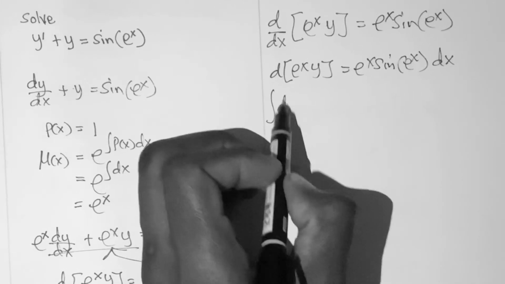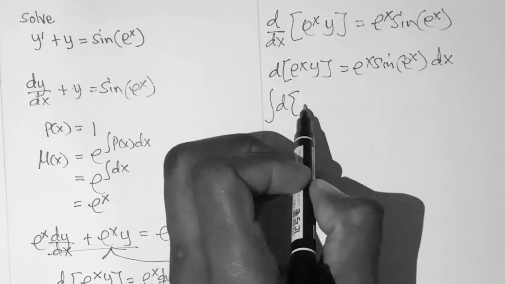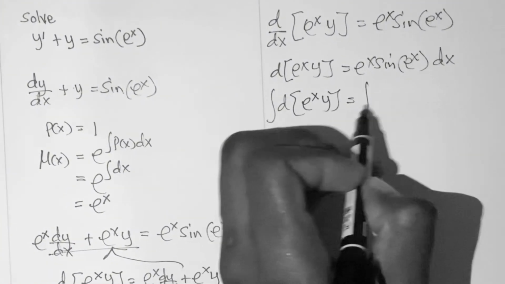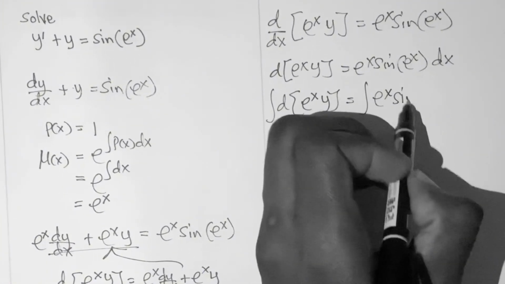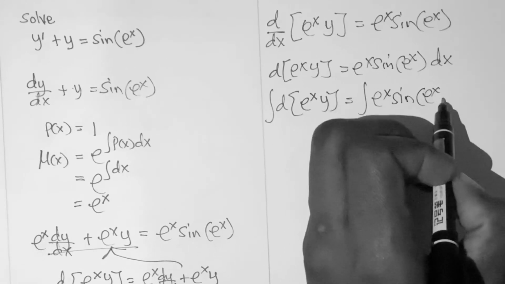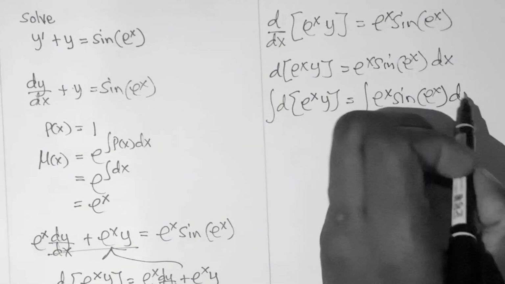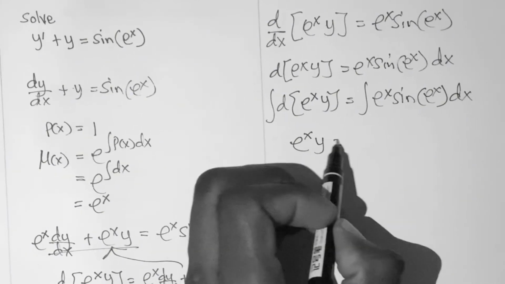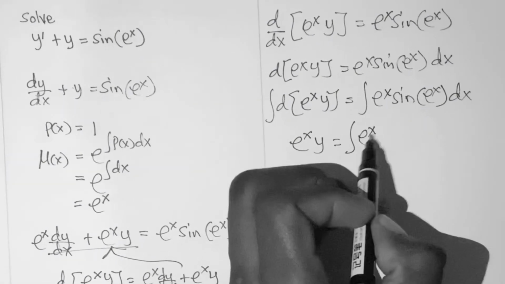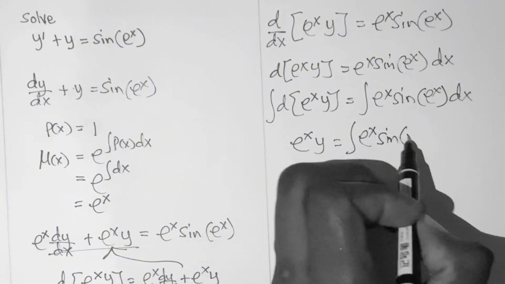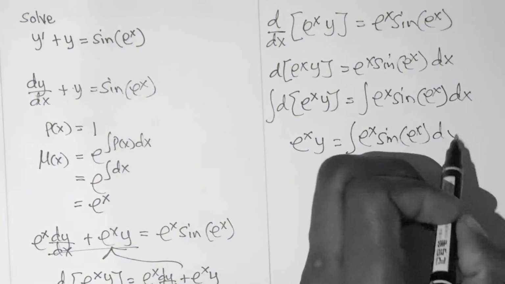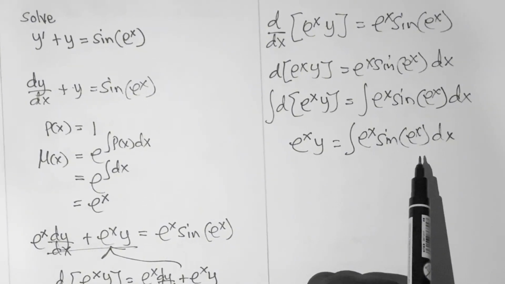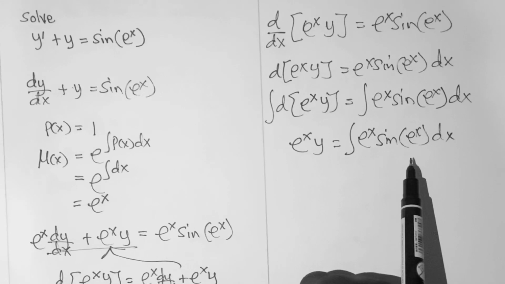So the integral of d(e^x y) is equal to the integral of e^x sin(e^x) dx. So if you integrate this, here becomes e^x y equals the integral of e^x sin(e^x) dx. Now, this integral cannot easily be done, so we need to use integration by parts.